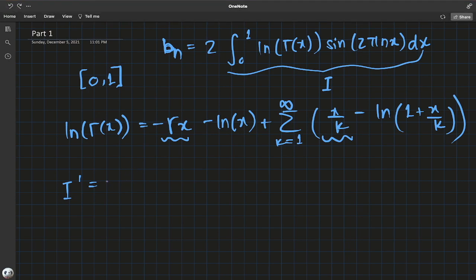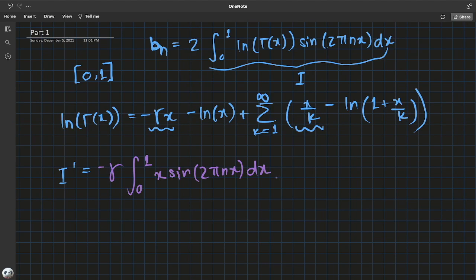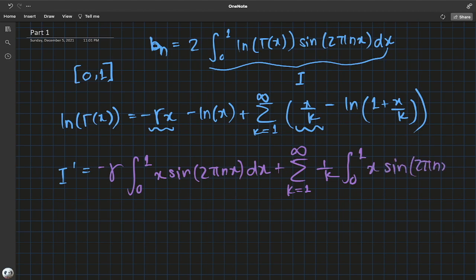So with I prime, we have minus Euler-Mascheroni, integral from 0 to 1. This is the first term outside the sum, so x times the sine of 2 pi n x dx, plus, I'm going to pull the sum outside shamelessly and then integrate from 0 to 1, x times the sine of 2 pi n x dx.